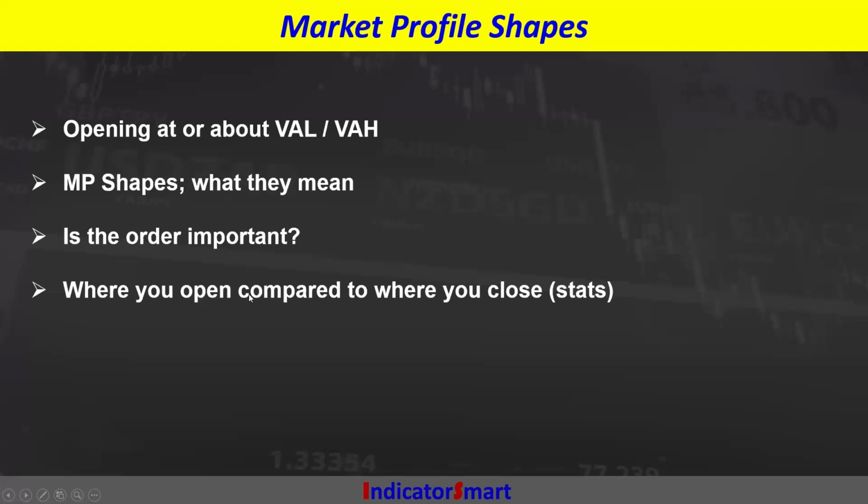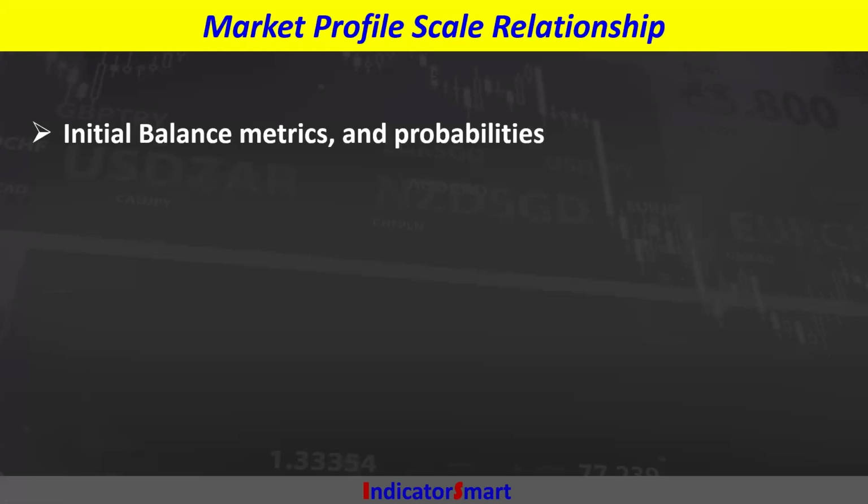We'd already covered where you open compared to where you close. If you open out of value, it's 80%, 78%, somewhere in there. We covered the initial balance metrics and the probabilities associated with them: a half multiple of the first hour's trading is about 79, 80% to hit every single day. To go to the second multiple, it's about 50%.